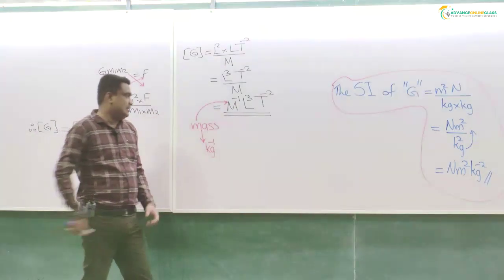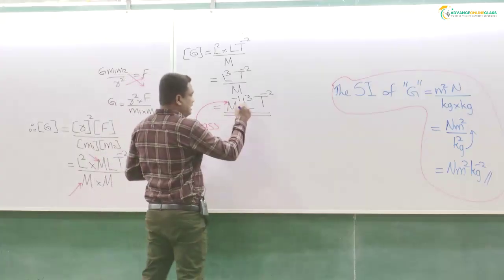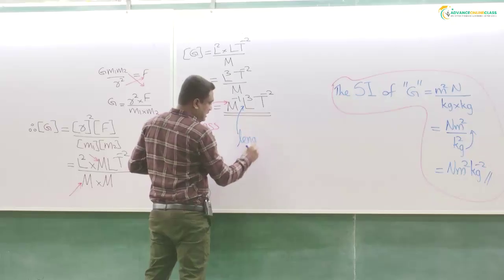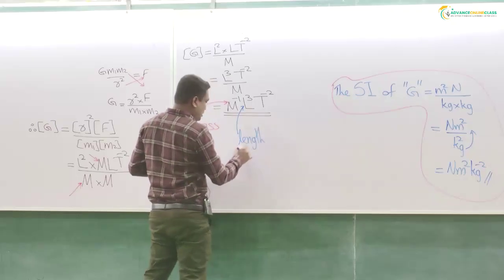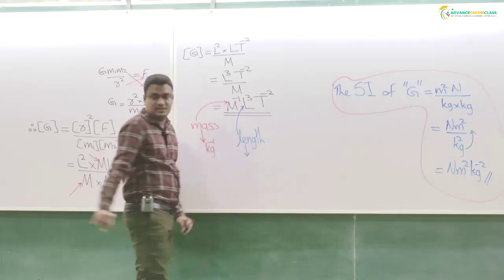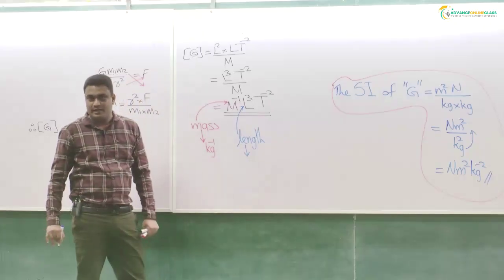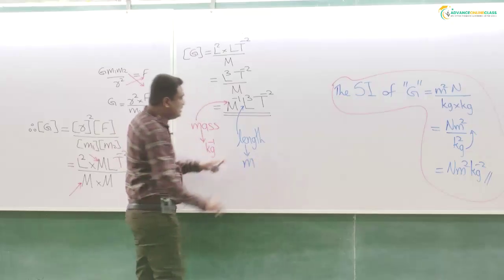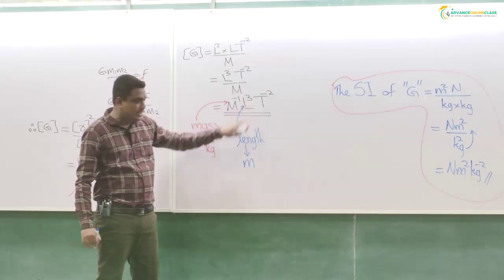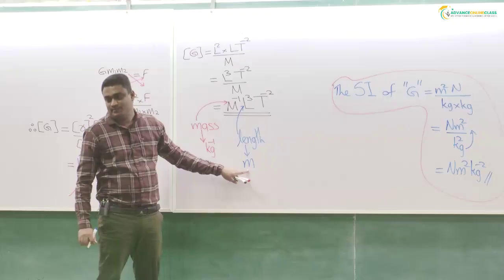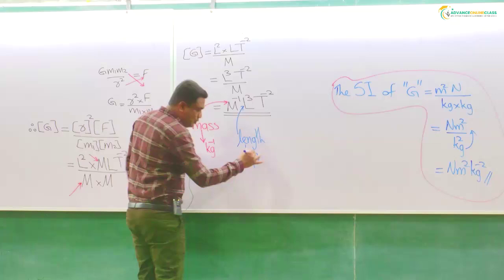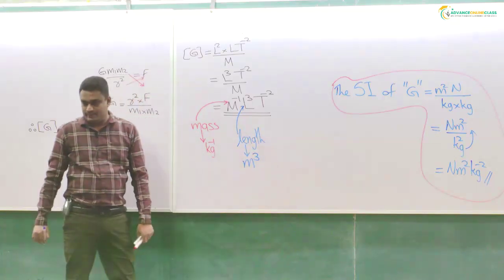Got it? Then L is the dimensions of length. What is the SI unit of length here? Meter. Whatever the power with L, we write that power with M. L to power 3, therefore we write M to power 3.